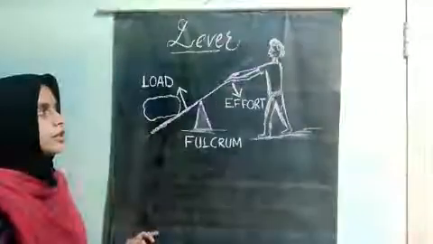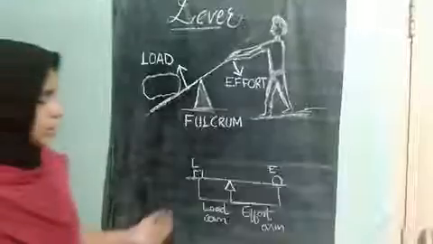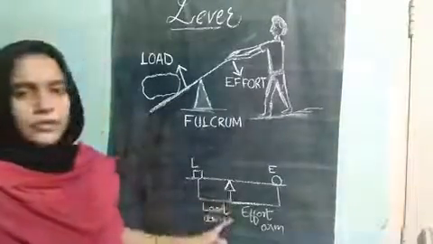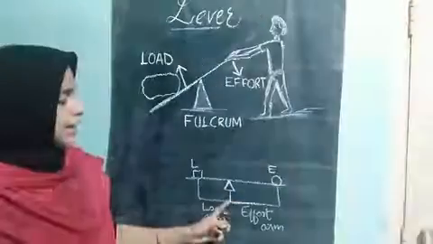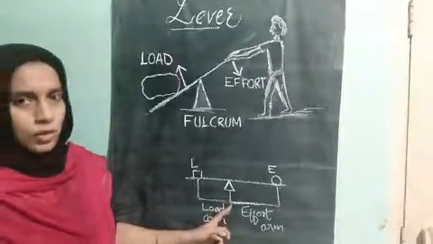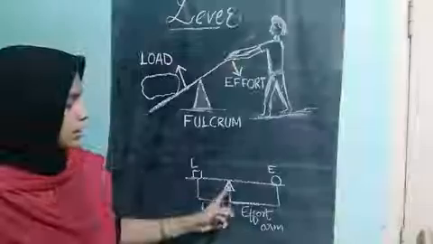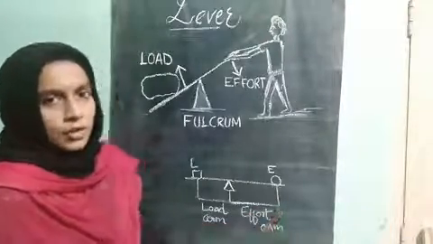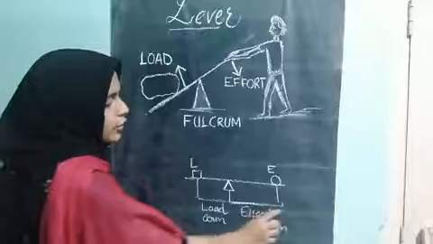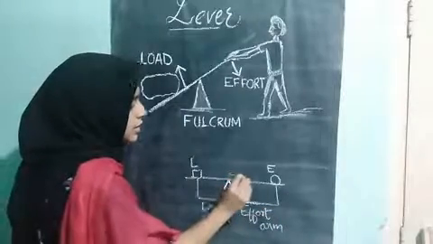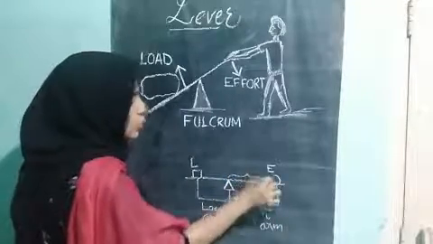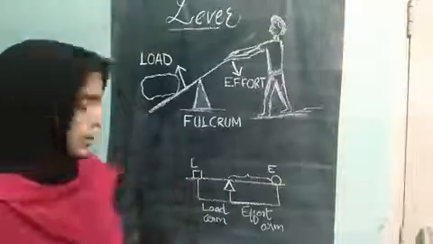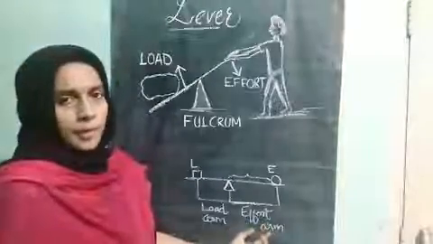So I can draw like this. Here you can see this is the fulcrum and the length of the rod between the fulcrum and effort applied, we call it effort arm. So this distance or length of the rod we call effort arm.